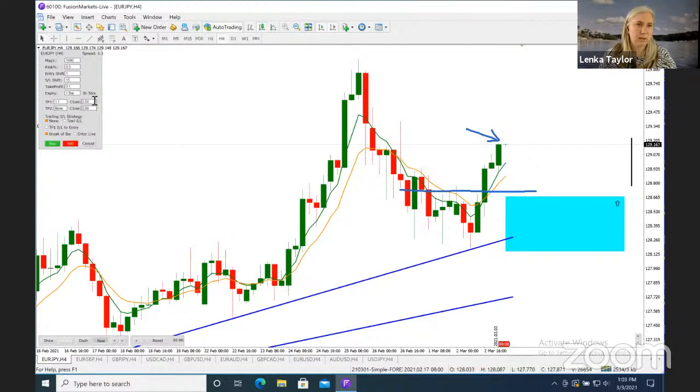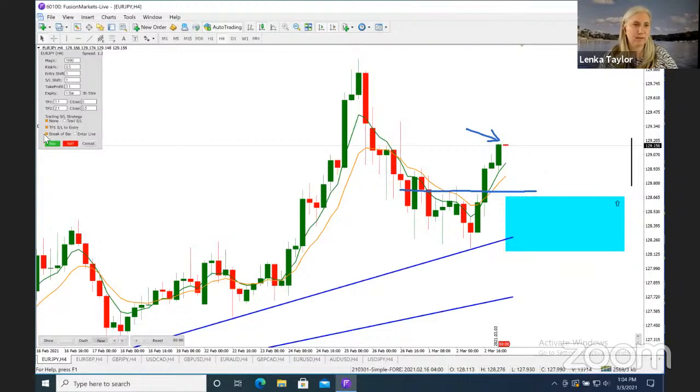I will have TP1 at 1 to 1, TP2 at 2 to 1. I will close half the trade then. No trailing stop. If TP1 gets hit, I want to move the stop loss to entry.